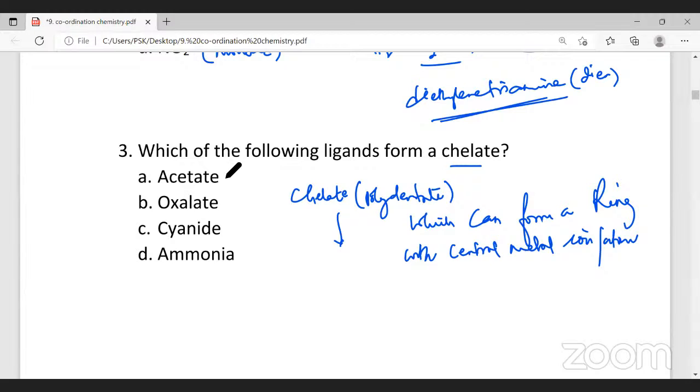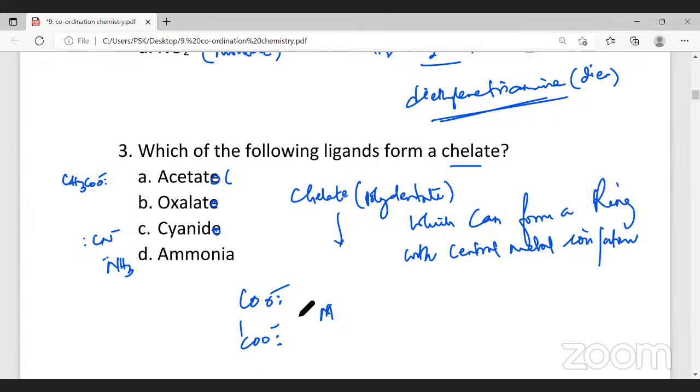Now, acetato, CH3COO minus, is a monodentate ligand. Cyanide ion is a monodentate ligand because it can donate only one pair of electrons. Ammonia is a monodentate ligand. It can donate only one pair of electrons. But oxalato, negative ions have to end with what? O. Cyanido, acetato. Now, oxalato has COO minus, COO minus. It can donate two pairs of electrons.